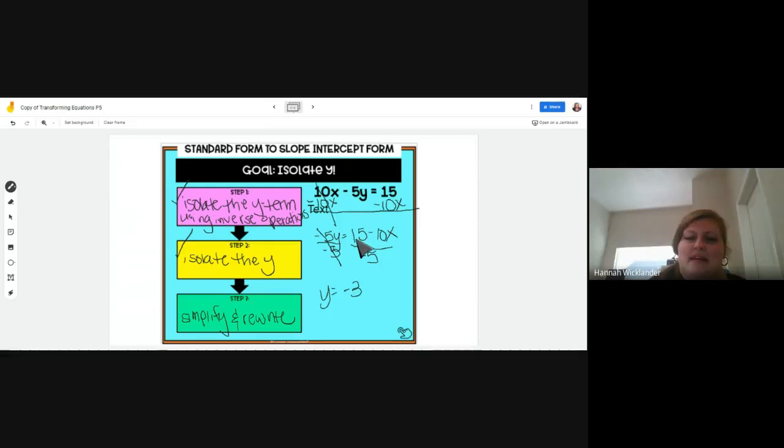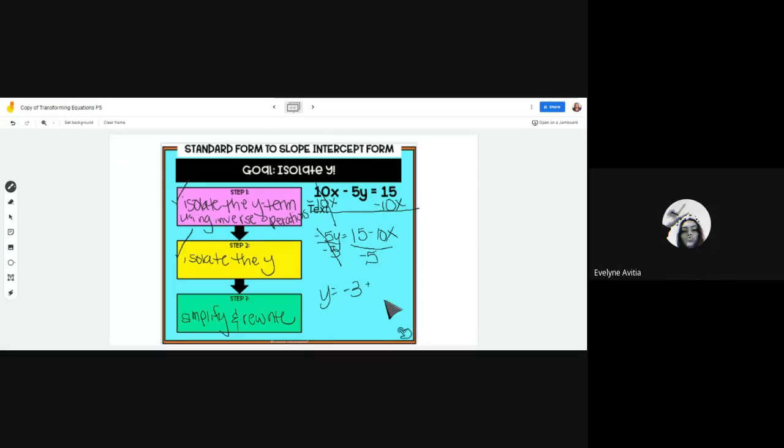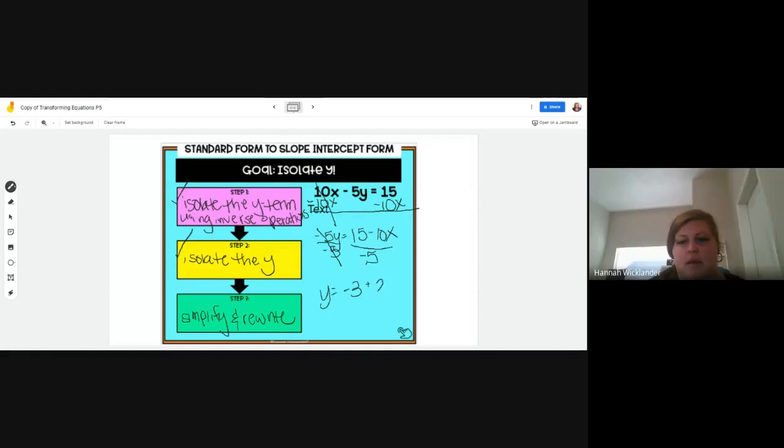So 15 divided by negative 5 gives me negative 3, and then negative 10x divided by negative 5 is what? 2x, yep. So I have my equation, but it's not in slope-intercept form, so I simplified, but now I'm going to rewrite it. So I have y equals 2x minus 3.